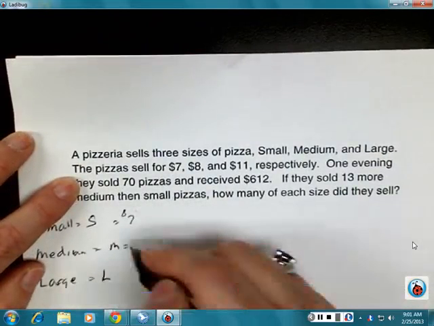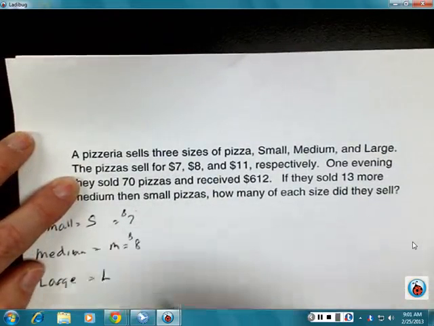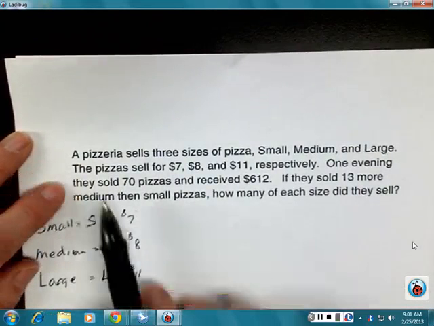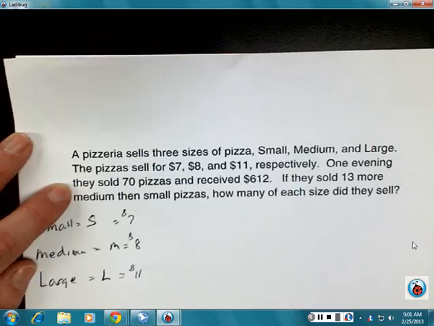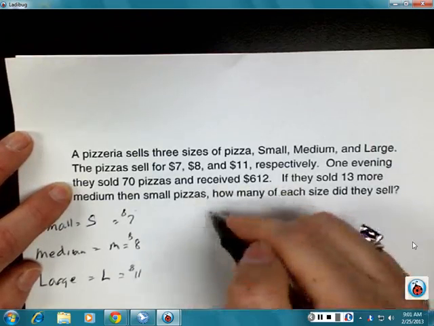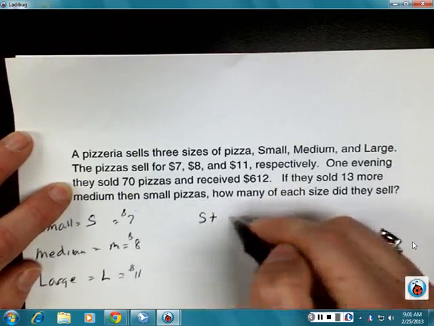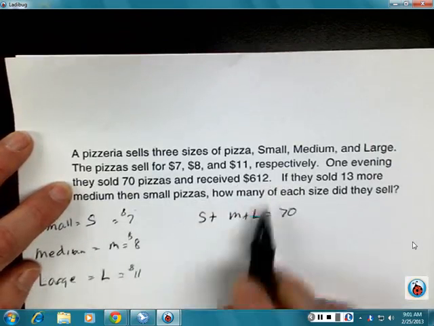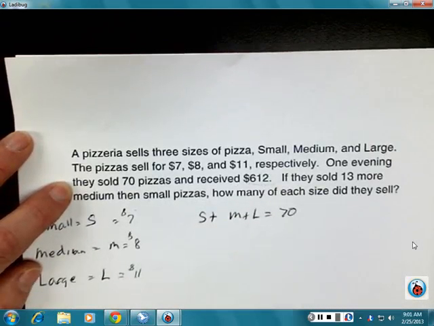The medium pizza sells for $8. And the large pizza sells for $11. One evening they sold 70 pizzas. So what does that mean? It means I have, they were busy, weren't they? I have S plus M plus L equals 70. And received $206 or $12. What does that mean?